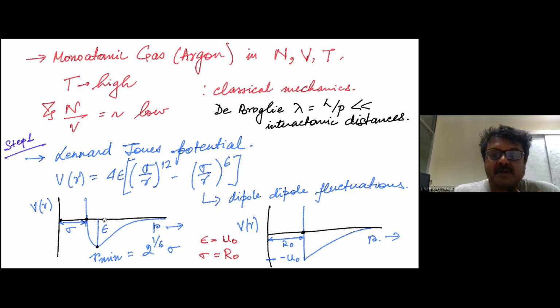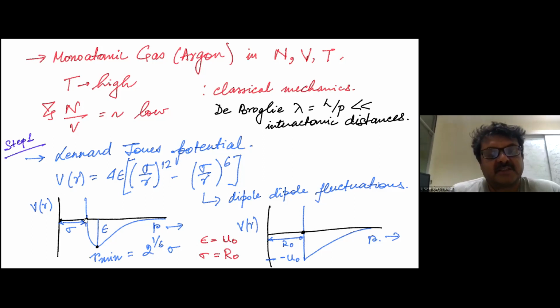And what is sigma, by the way? So sigma is essentially, if you take the diameter of two particles to be sigma, the radius is sigma by 2. When two particles are just touching each other, the distance between the centers will be sigma by 2 plus sigma by 2, which is equal to the diameter, right?